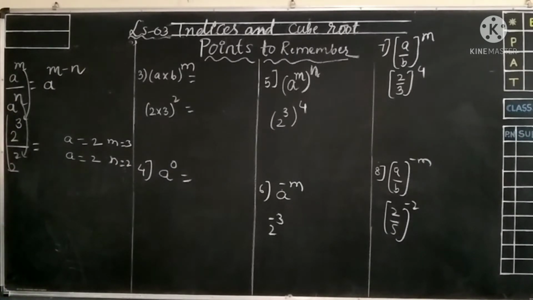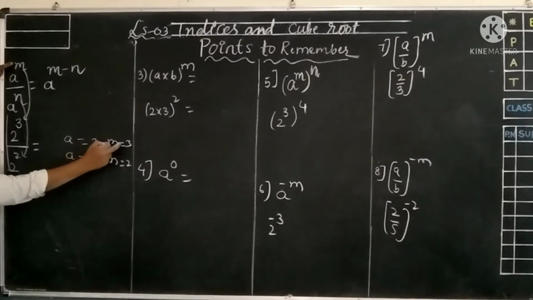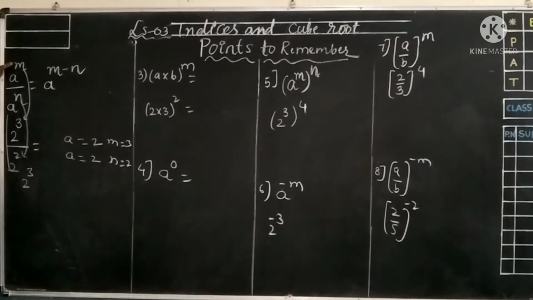Now we will put these in the formula. 2 raised to m, which is 3, upon 2 raised to n, which is 2.